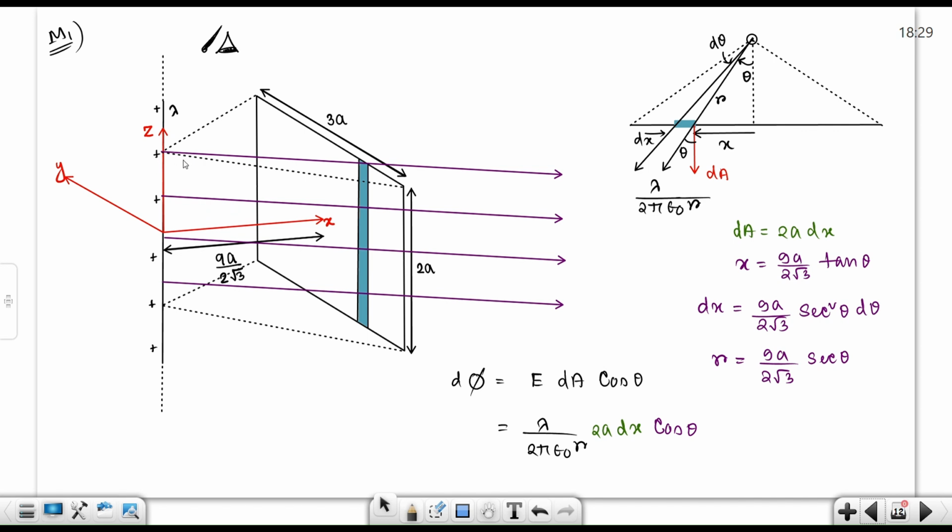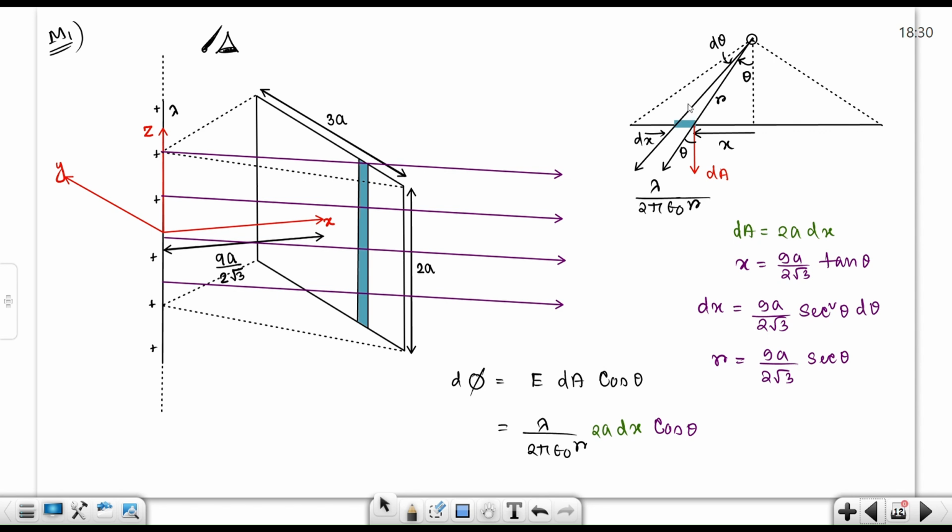So the field lines through this strip will be like this, and they will also be radially outward from this infinitely long wire. Now if I see this from the upper side, then it will look like this. This is the infinitely long wire, this is the plane, this is the strip here, and these are the field lines. Now I have calculated the value of flux d phi through this strip.